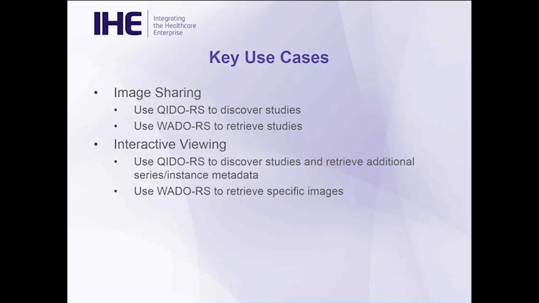And with WADO-RS retrieve, you can retrieve at the study level, you can retrieve at the instance level, and also you can retrieve metadata and bulk data. It gives you more fine-grained control of what to retrieve. And the combination of those technologies allows you to have a better implementation for an interactive viewer.